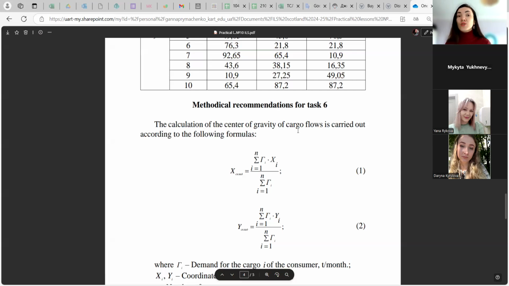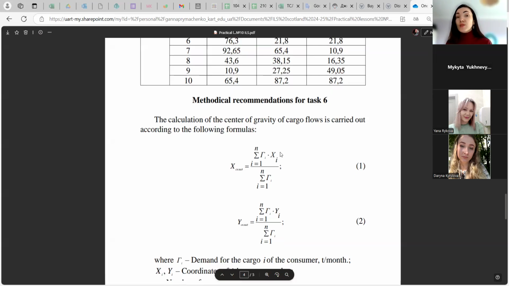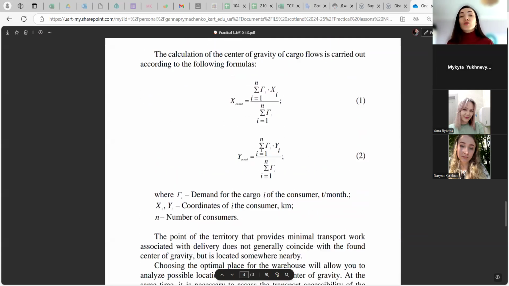It is the method of finding the center of gravity of cargo flows and is carried out according to the following formulas. We use only two formulas today, formula number 1 and formula number 2, to find coordinates x and y for our warehouse. It is fast and good to do.